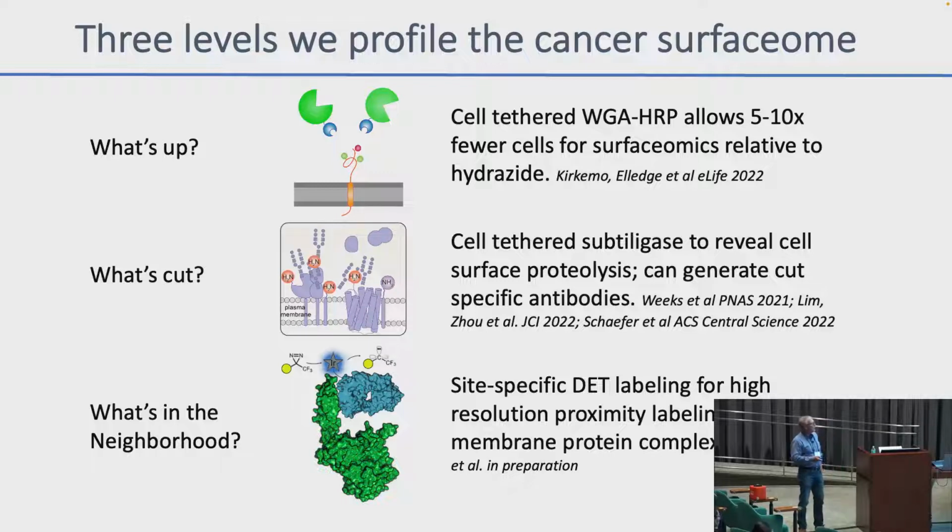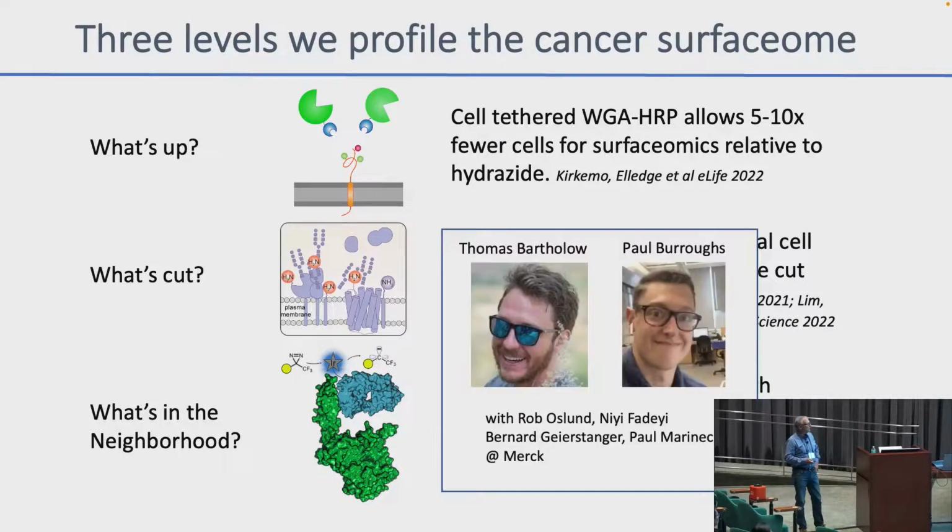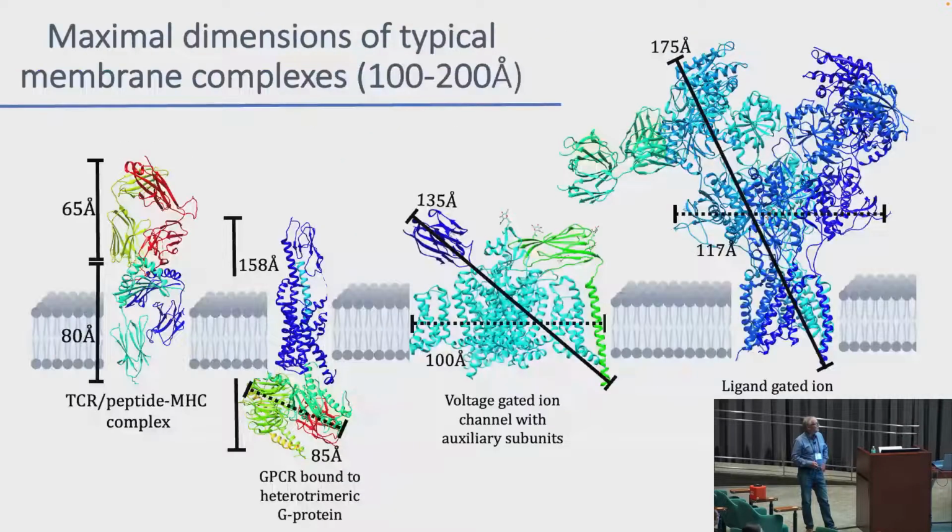And we utilize a new technology that was first described by the Macmillan and Oslund Nadeem groups at Princeton and Merck, respectively, which uses highly reactive carbenes to find out what's next to each other on the cell surface. And this work has been done by postdoc in the lab Thomas Bartholow and a graduate student, Paul Burrows, and in collaboration with a group at Merck who's supplied us reagents that we've used for this technology.